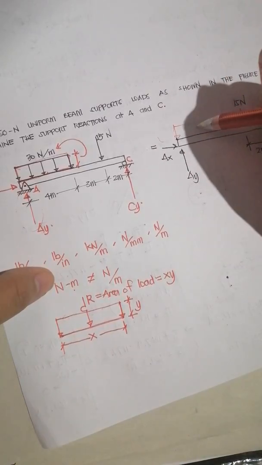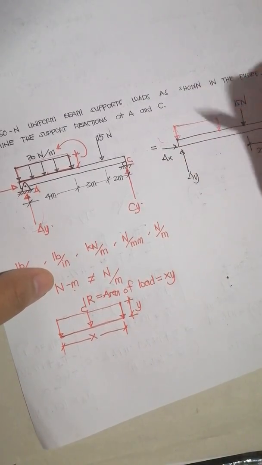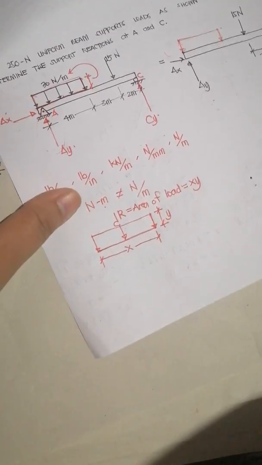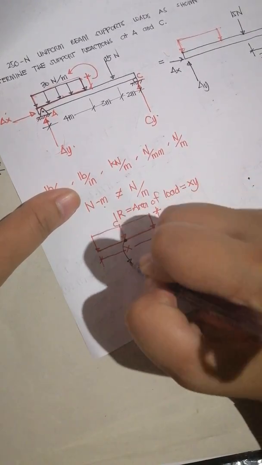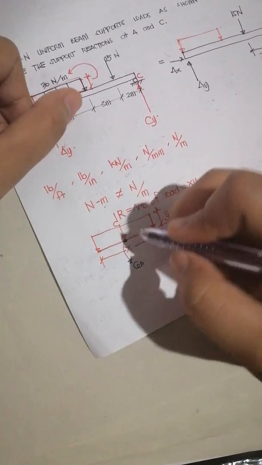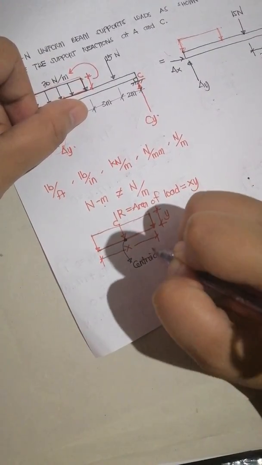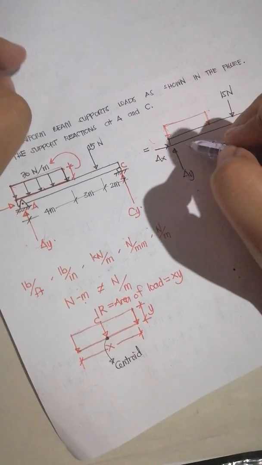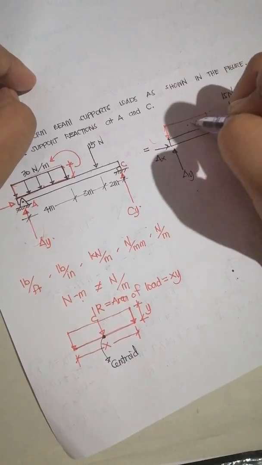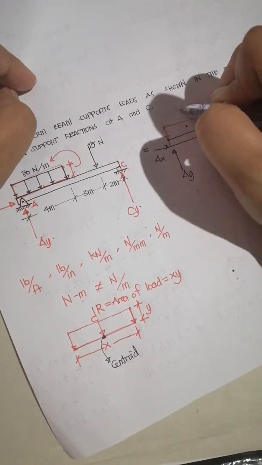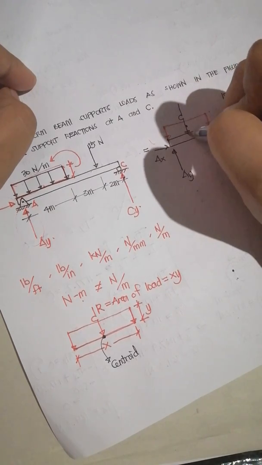Now, in converting this into a concentrated load, a concentrated load always acts at the centroid. We all know that the center of a rectangle is just in the middle, somewhere right here, but still the downward force will be all the way downward.